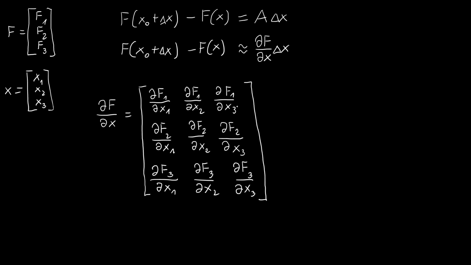That gives in total 9 possible partial derivatives, and if we put them in that order, that constitutes exactly the matrix A which is approximating this difference, and that's why it is the derivative. Now, what is a problem here, and it was always a problem for me, is how to remember where we put functions and where we put variables.